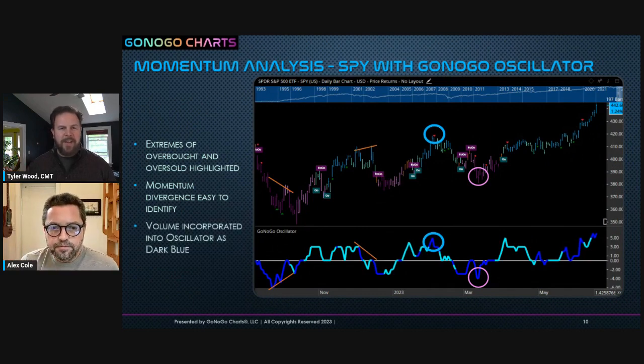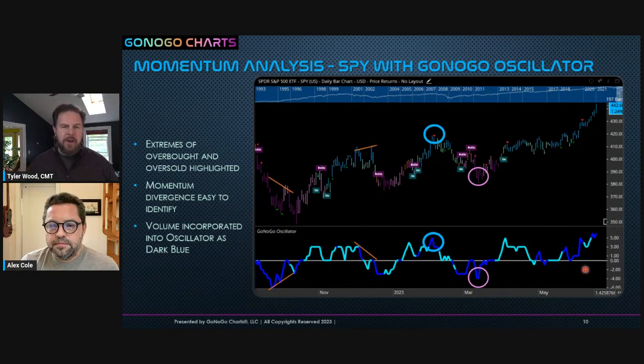And then, of course, as we saw with the money flow index, the importance of volume. Charles Dow, over 130 years ago, told us the weight of that confirmatory indicator to all of our analysis. We want to incorporate volume, but do we want to add another histogram or clutter our charts with yet another indicator in a lower panel? We have incorporated volume directly into the GoNoGo oscillator. So when you're seeing this green, we've got light volume.